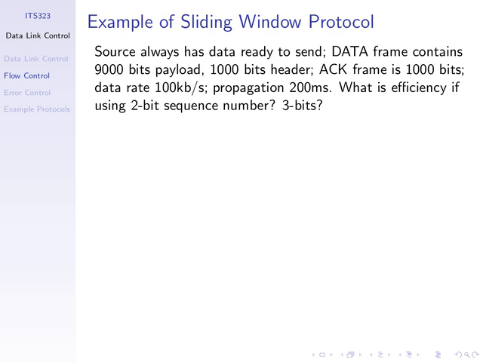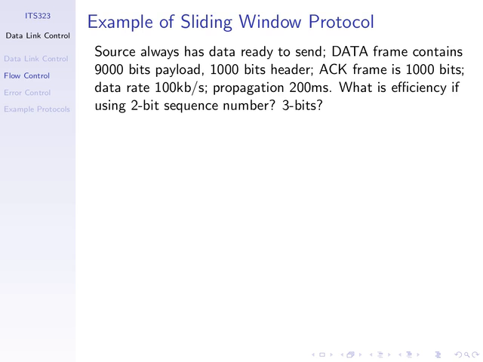So the data frame contains 9,000 bits of data, 1,000 bits of header. Actually, we'll do it over here. Data frame is 10,000 bits in length, 1,000 header, 9,000 data.